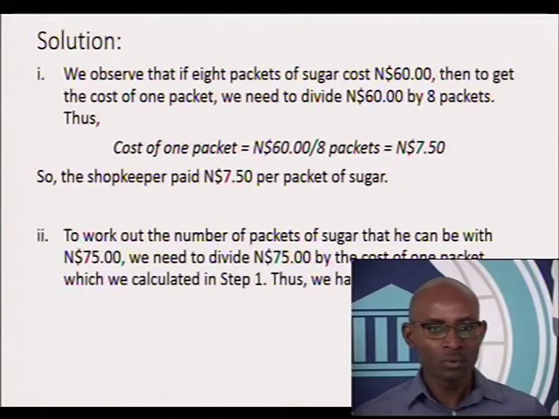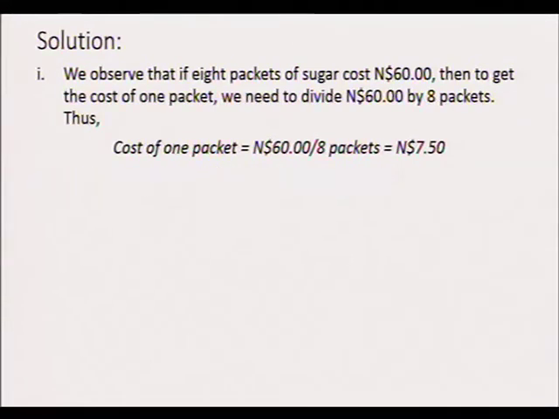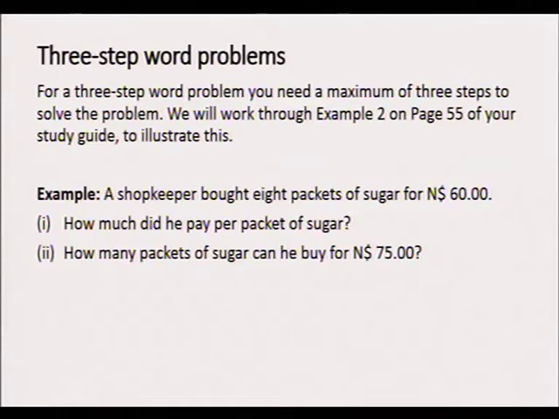And then the next question would be, how many packets of sugar can you buy for 75? Now this is easy because now we know that 1 packet of sugar costs $7.50. Therefore all we need to do now is divide 75 by the cost of 1 packet of sugar to get the number of packets that the shopkeeper will be able to buy with 75.